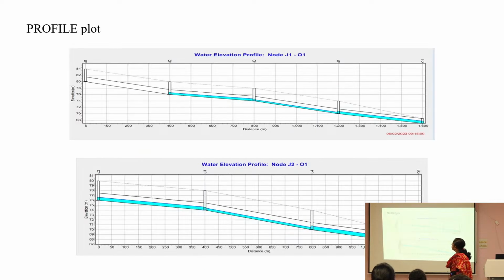I have given two different flow accumulations and two different flow profiles. From the beginning, according to the slope, you get some depth of water at the next node or pipe, then at the next node it increases, then again increases. According to slope it is flowing.